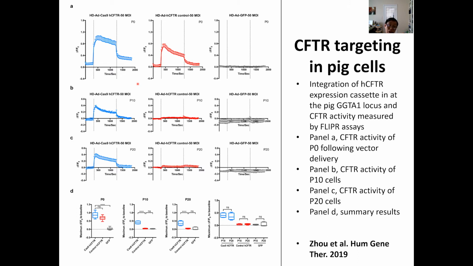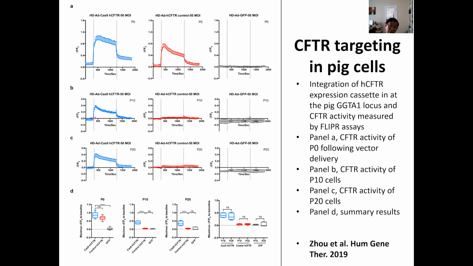In passage 0, whether you have a CRISPR-integrated vector or a regular vector, you can see CFTR activity. After the cells are passed for 10 or 20 passages, you no longer see CFTR activity in these cells with the regular vector. This flip assay measures the membrane potential.